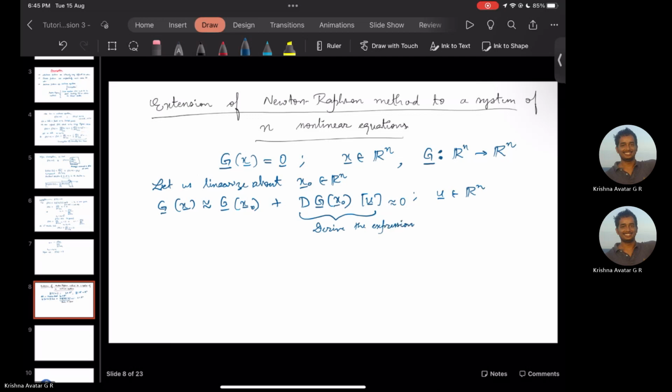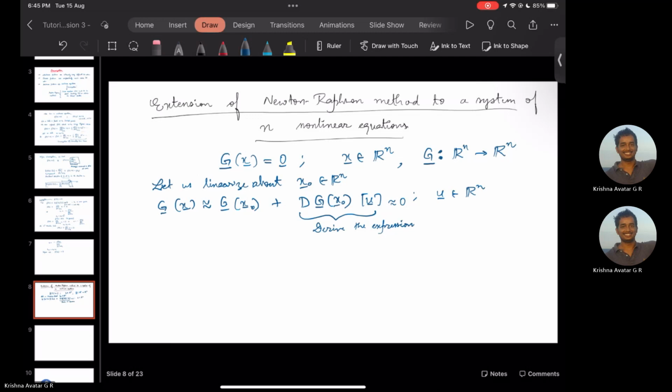It's no longer as easy as it was the case for a single variable equation, right? We need to derive the expression for this directional derivative.